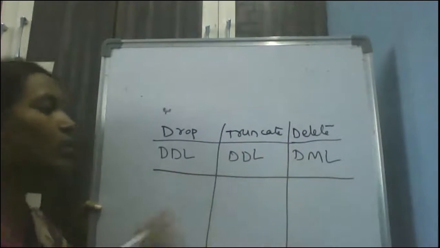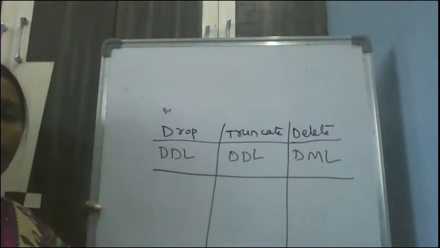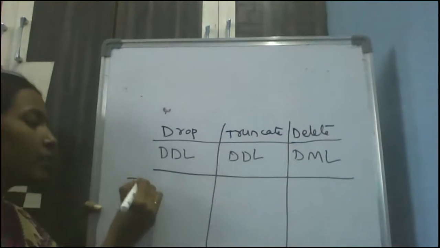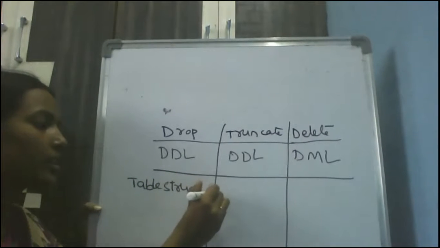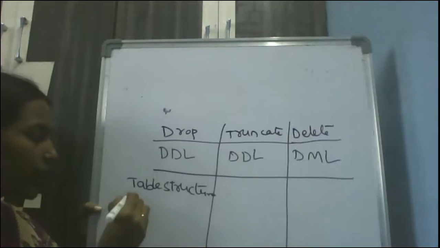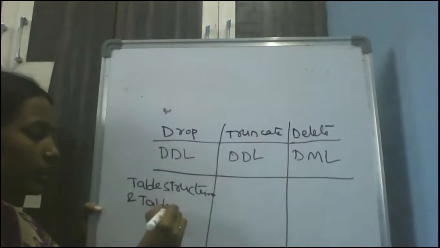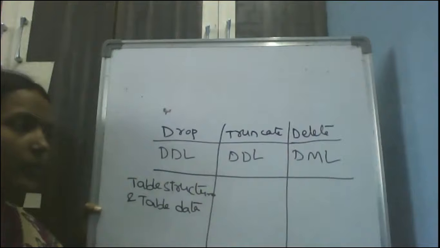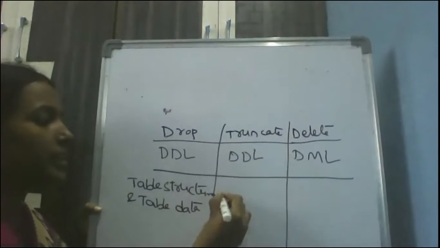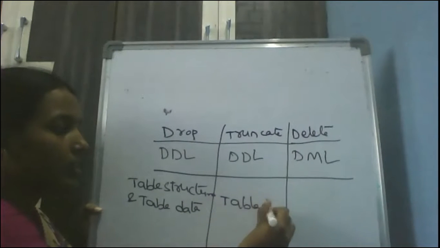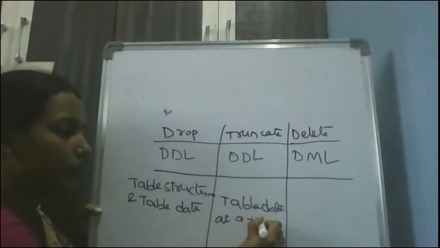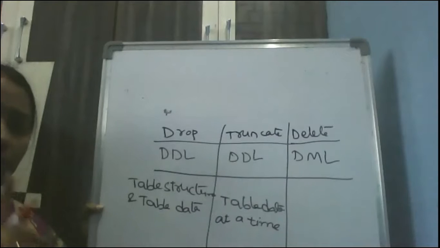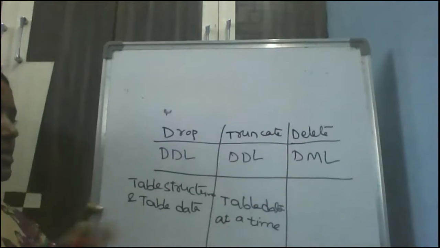The next difference is this: drop can delete the table structure and table data. Truncate can delete table data at a time, that means only once all the rows of the table will be deleted with the truncate command.